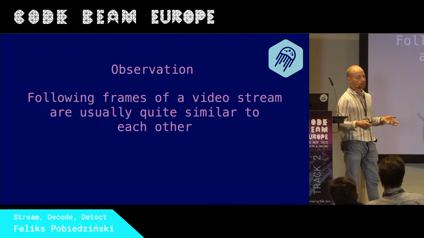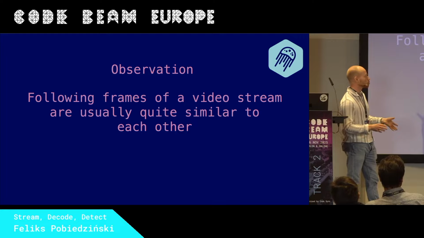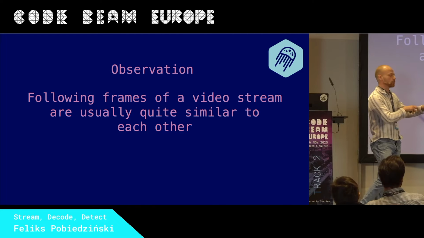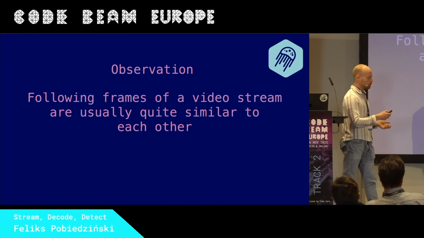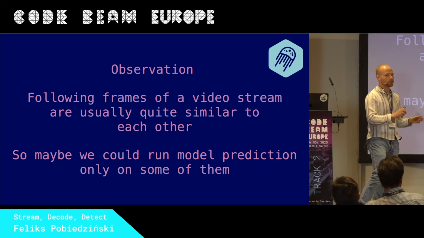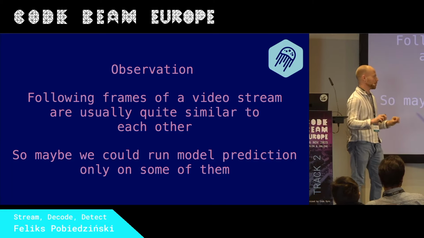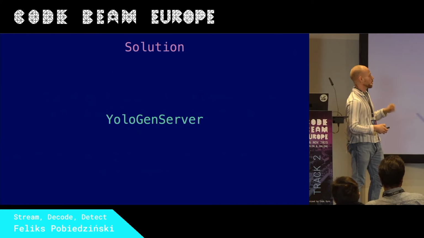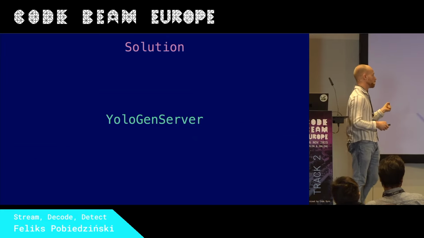We can make a simple observation: usually in video streams, following video frames are very similar to each other. Therefore, maybe there is no need to pass all frames through the model, but only part of them, and it will be enough. Keeping this idea in mind, I will propose a solution to this problem.